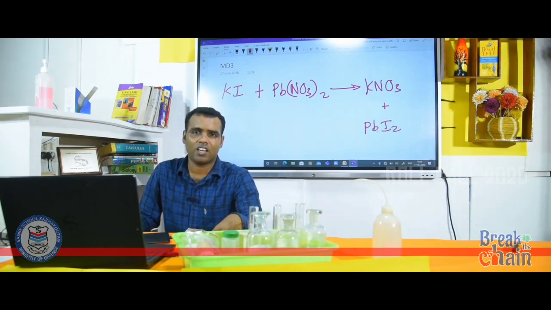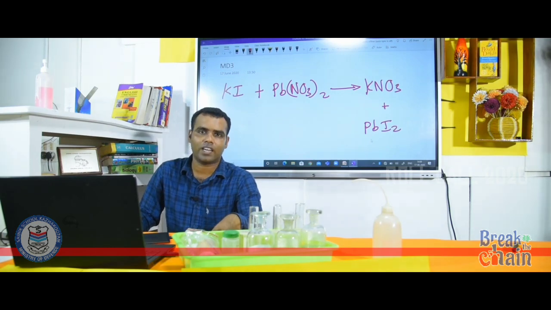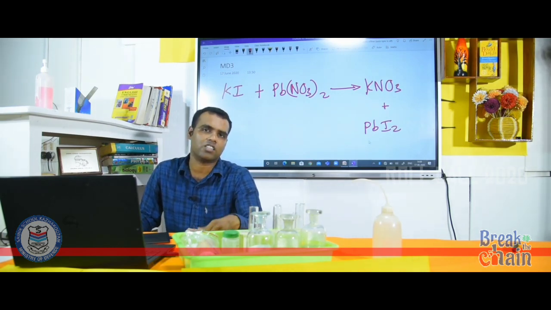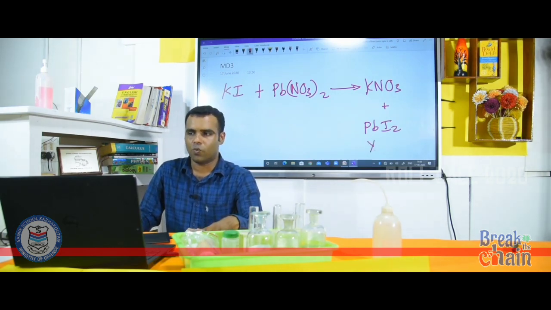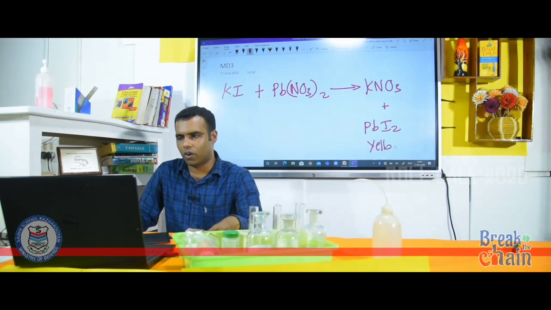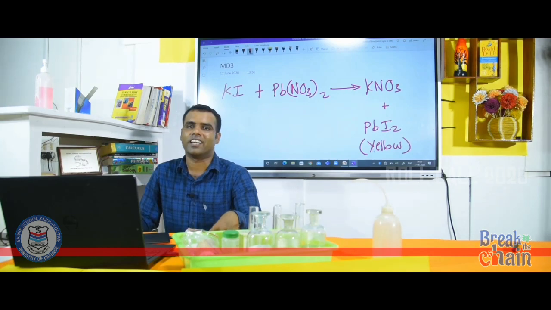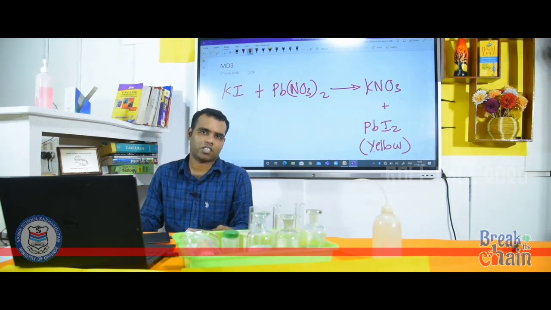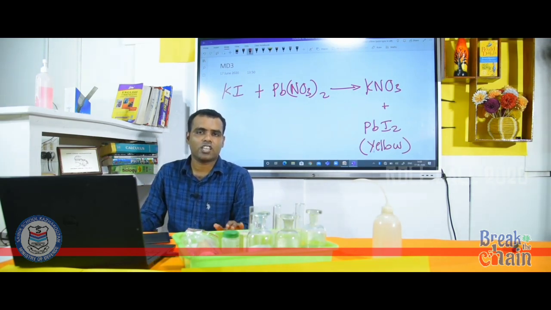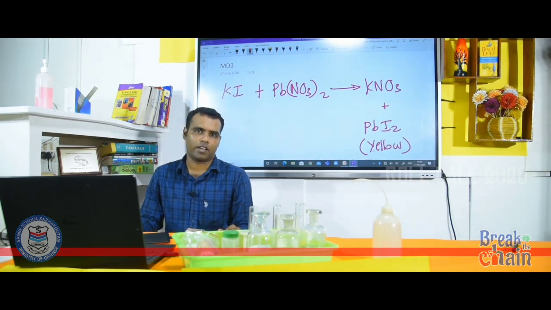The yellow color is due to the formation of lead iodide, which is a yellow colored solid. So, why we got a yellow color is because of the formation of lead iodide. This simple reaction represents a change in color during a chemical reaction.